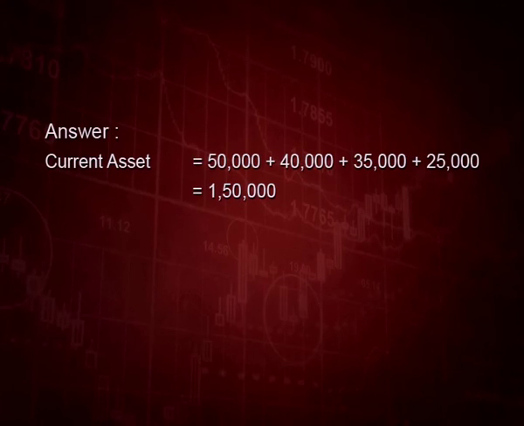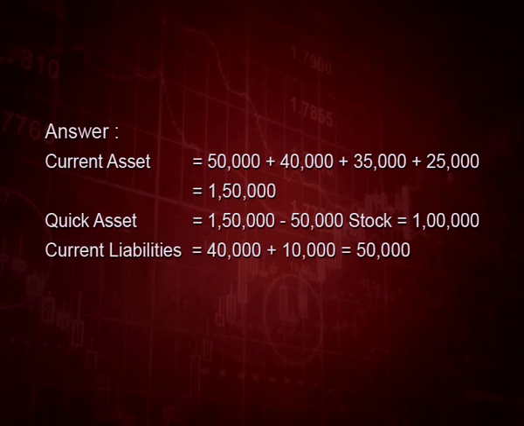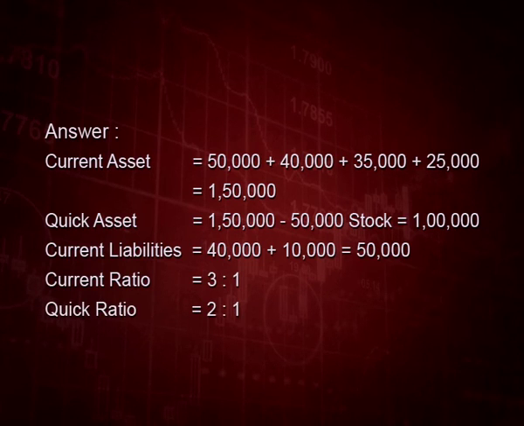Current asset is equal to 50,000 plus 40,000 plus 35,000 plus 25,000 makes it a total of 1,50,000, whereas quick asset will be 1,50,000 minus 50,000 stock, because there is no prepaid expense. So, that makes it 1,00,000 and current liability is 40,000 creditors and 10,000 bill payable, making it 50,000. Now, the current ratio is 3:1 and quick ratio is 2:1. I hope you can divide.